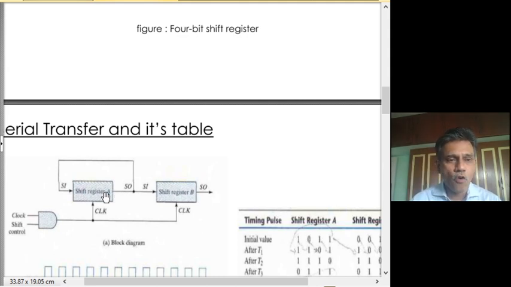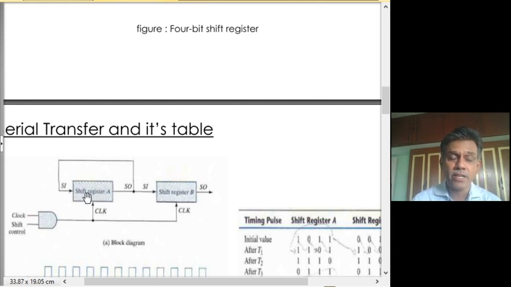Well, if you have 4 bits that are present in this A shift register, if the output of the A register is recirculated back and given to the serial input, then after 1 bit shift, if you call this bit as the least significant bit and this bit as the most significant bit, after 1 bit transition, LSB will come and occupy the MSB position, MSB will be 1 lesser significant, and so on. So we are recirculating, that is, we are taking the bit from the right hand side and then putting it in the left hand side.